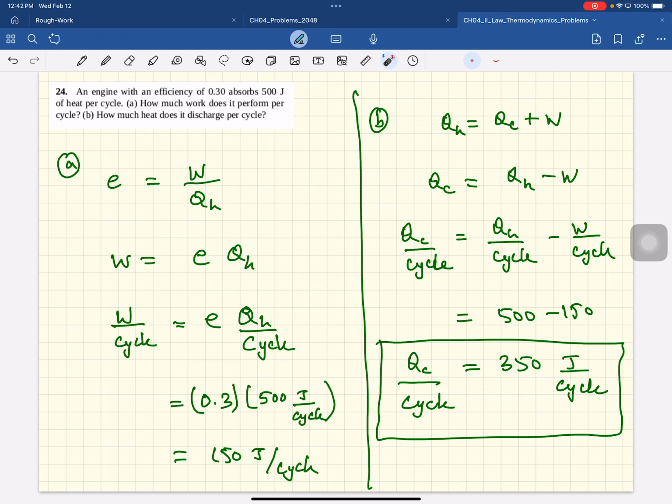And like I said, the best large-scale practical engine is a coal power plant, and the efficiency is 40%. What happens to this heat? You dump it into the atmosphere, or a lake, or whatever.